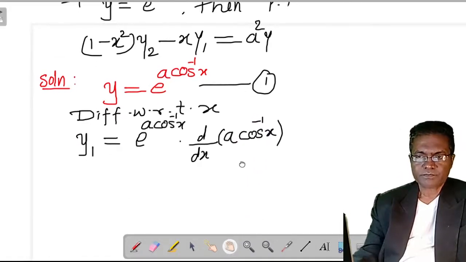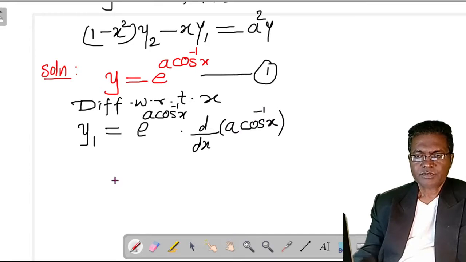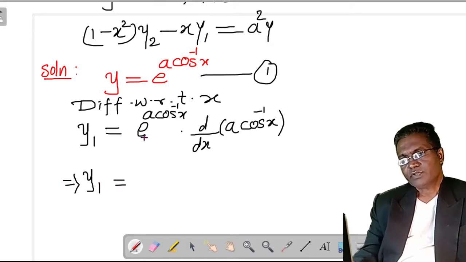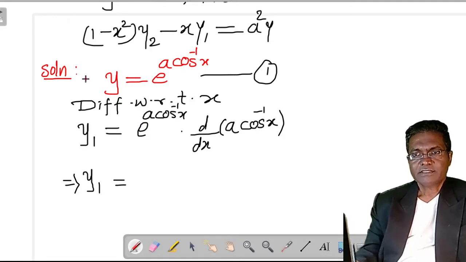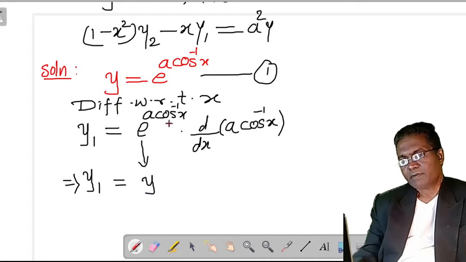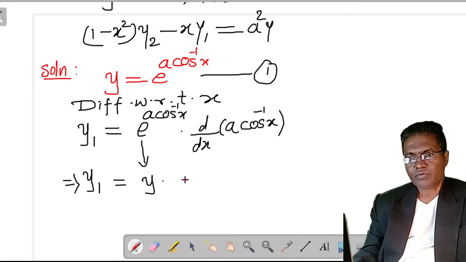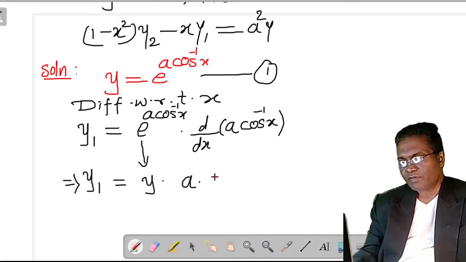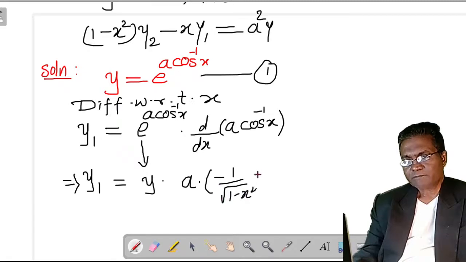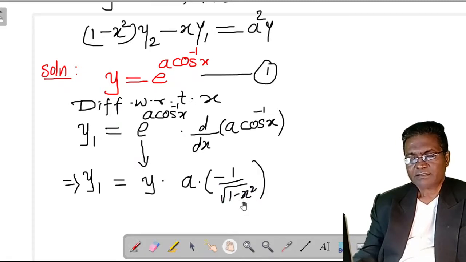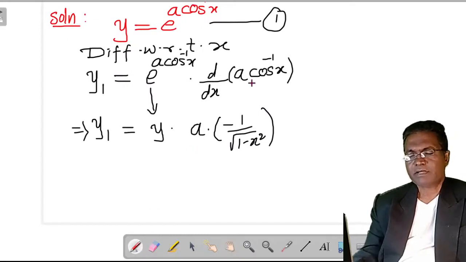Composite rule you have to use. Whenever it is possible to write in terms of y, you can write. So e power a cos inverse x is your y, so I can write this as y into a into derivative of cos inverse x, which is minus 1 divided by root 1 minus x square. Remember this, a is constant, derivative of cos inverse is this.